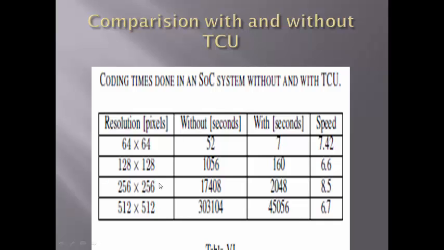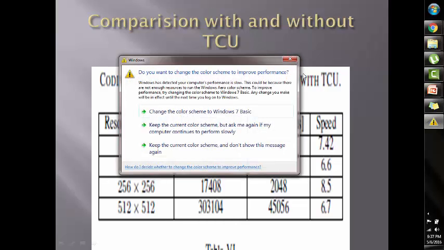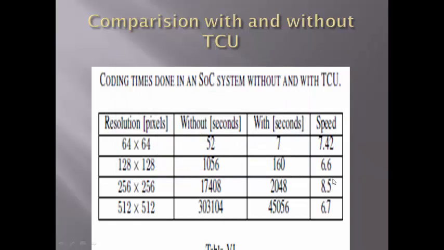The added component computes the most time-costly part of the application, and this was identified through the analysis of the application's performance. Without TCU the time is 52 and with TCU the time is only 7. So by this we can see that the system is efficient through the use of hardware-software co-design.